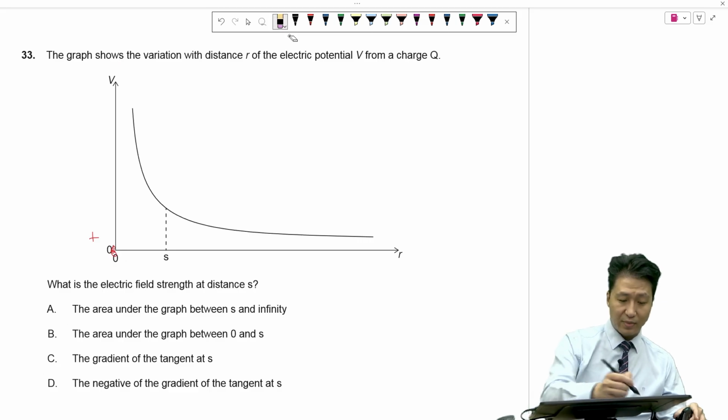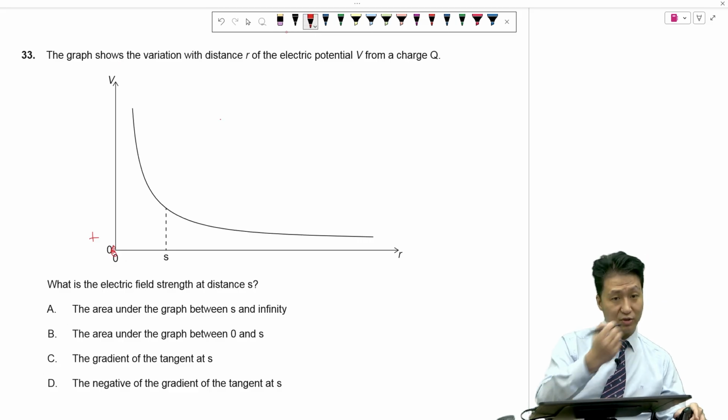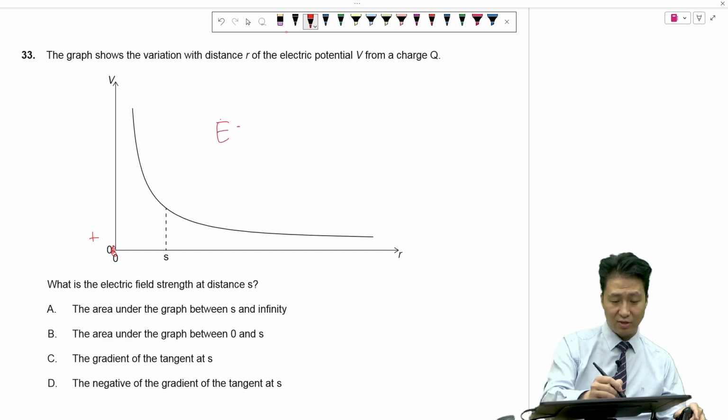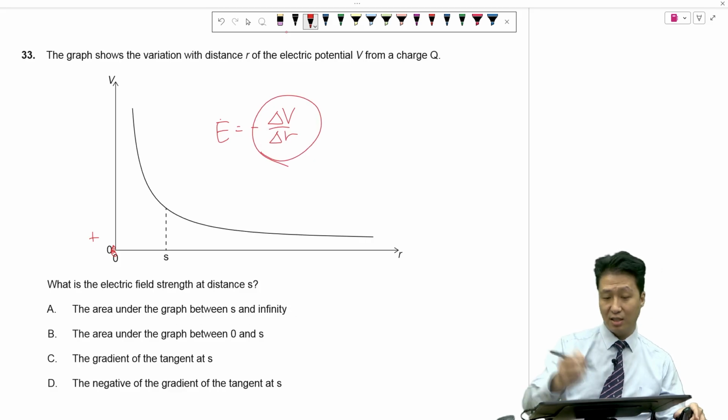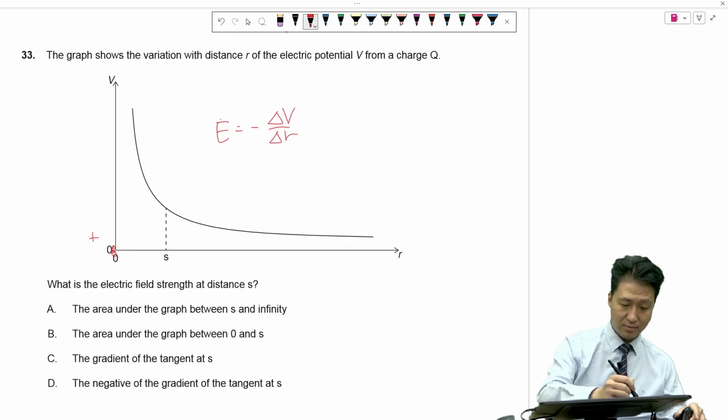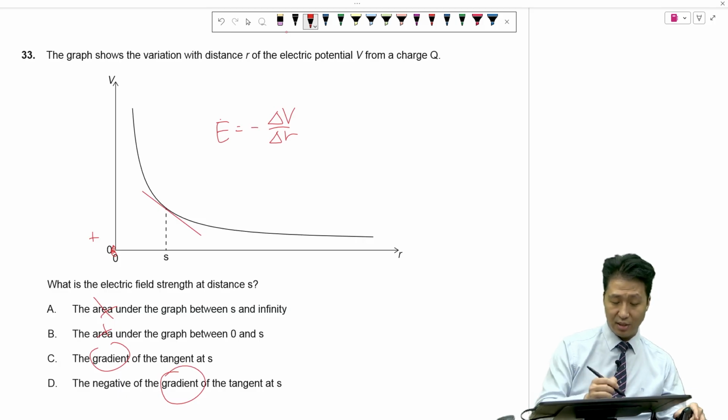Next, if you go to topic 10, electric field strength is negative the change in voltage over the change in distance, this is literally slope here. So it's not the area, it's a gradient. Notice there's a negative sign. It's a negative of the gradient. The answer should be D.